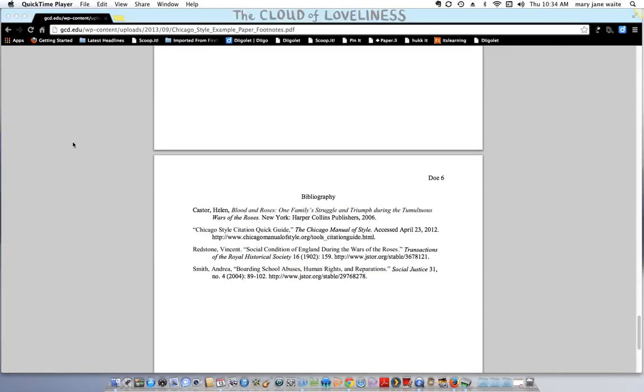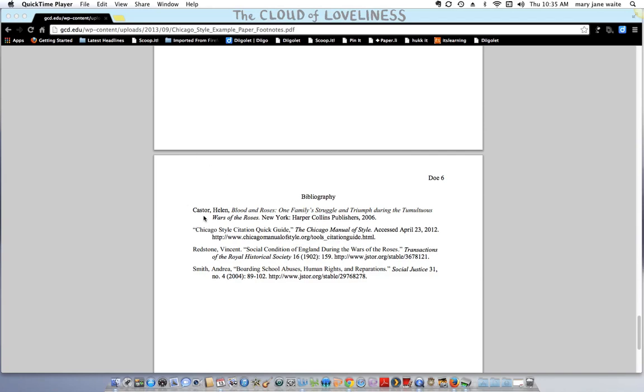The final portion of the tutorial will cover the bibliography. All right, let's look at our bibliography, and you'll see it is very familiar looking. The formatting is similar, if not identical, to how you cite other sources using other citation styles.